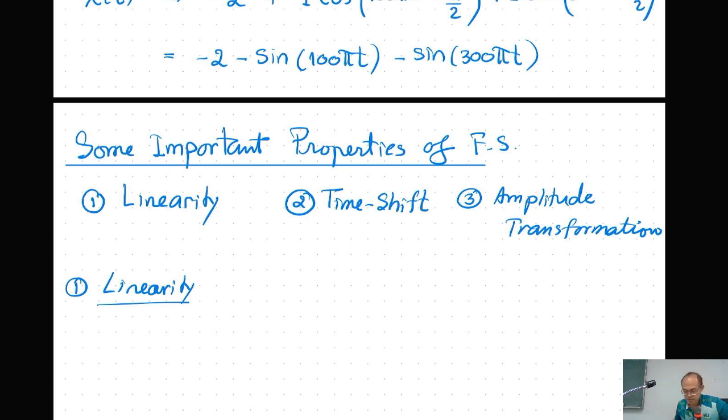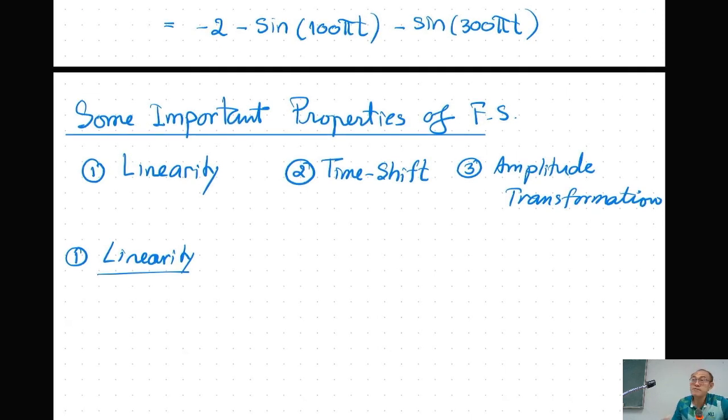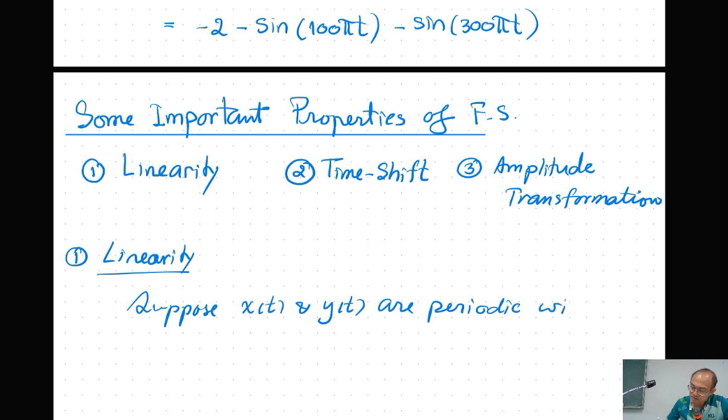Linearity goes like this. Suppose we have 2 signals, x and y, both periodic with the same period, let's call it 2 pi over omega.